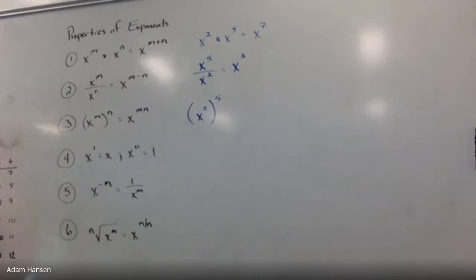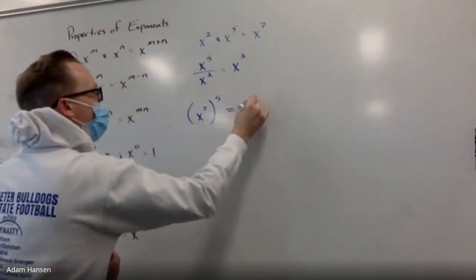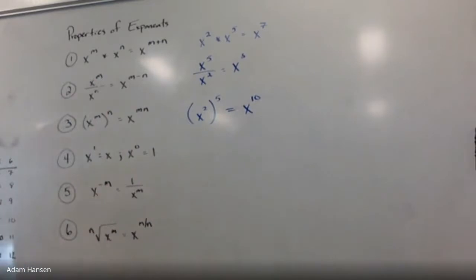That's x squared times itself 5 different times. X squared times x squared times x squared times x squared times x squared. 5 total times. So it's x squared 5 times for how many x's? 10. 2, 5 times is 10 total x's multiplied together, or x to the 10. 2 times 5 makes 10.